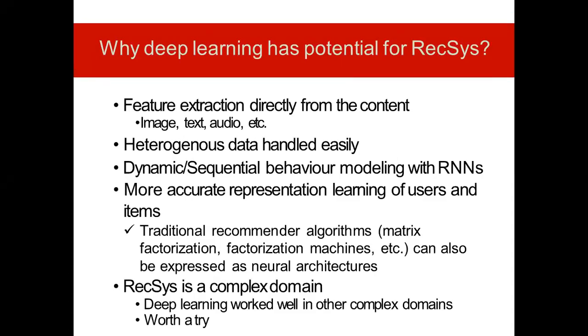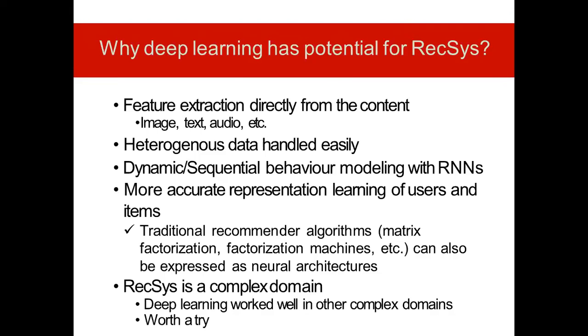So why do we want to do deep learning for recommender systems? There are some special characteristics in the RecSys domain. First of all, in RecSys, we have multimedia data, such as images, text, audio, video, and so on.